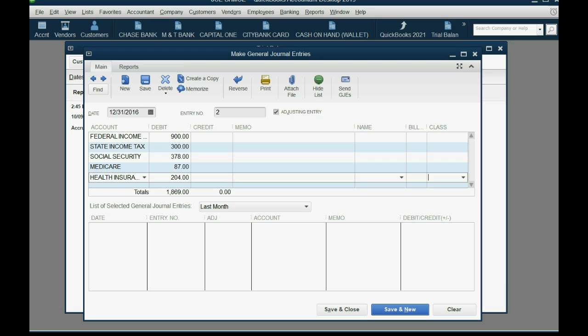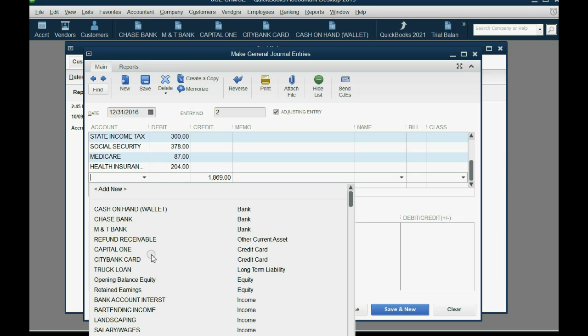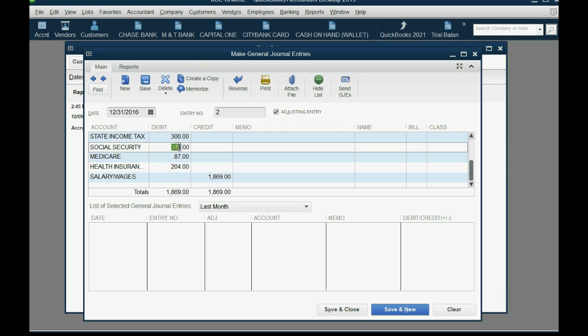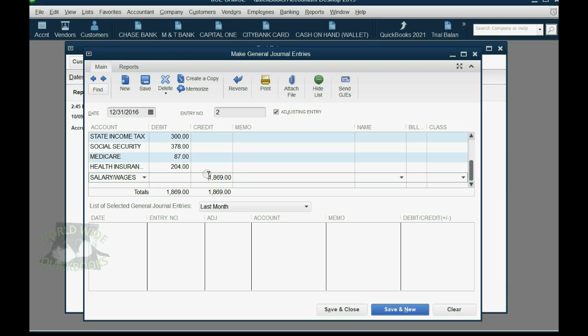Okay, now, what do we need to balance the entry? We need a credit of $1,869. That credit of $1,869 goes into salary, wages, income. That means that we're increasing the amount that we indicated that we earned by $1,869 because that will reflect the total of everything withheld, and it will bring up the salary and wage number to the amount that we truly earned during the year, which was $6,000.